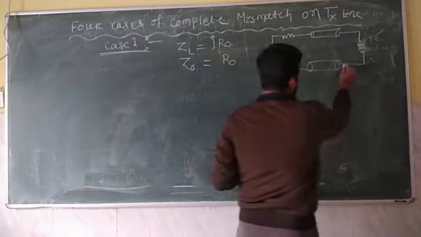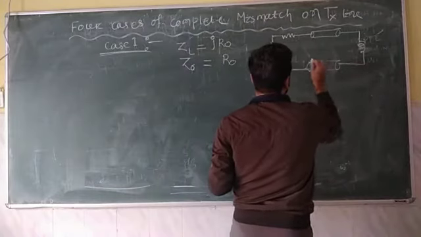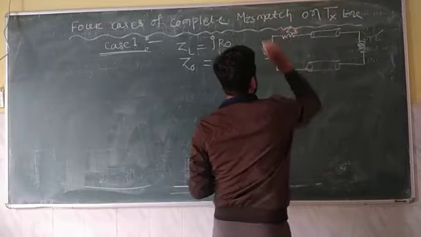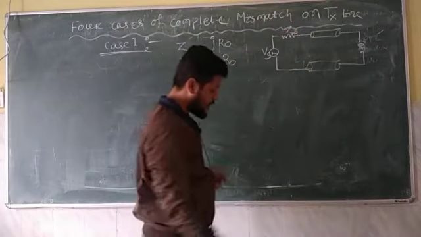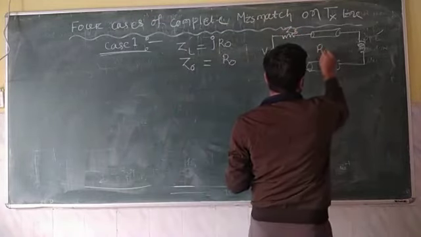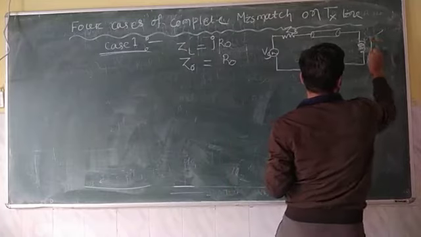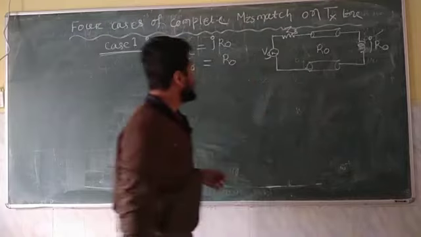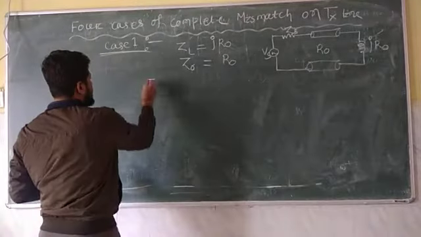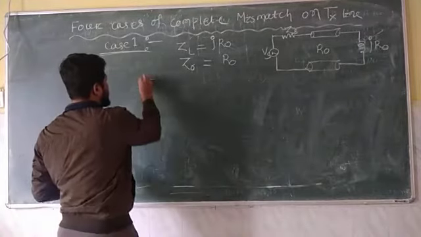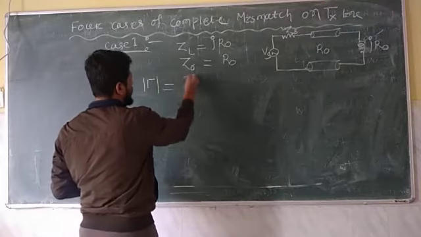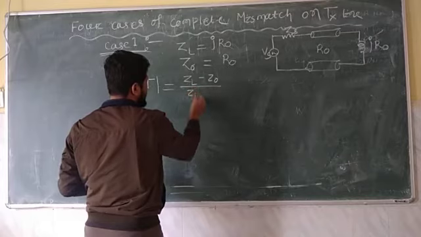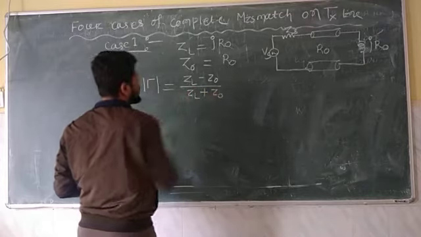So in that case, how do we find the reflection coefficient? This is your source and source impedance, this is your characteristic impedance R0, and this is your jR0. For that case, the magnitude of gamma, the formula you know, is ZL minus Z0 divided by ZL plus Z0.